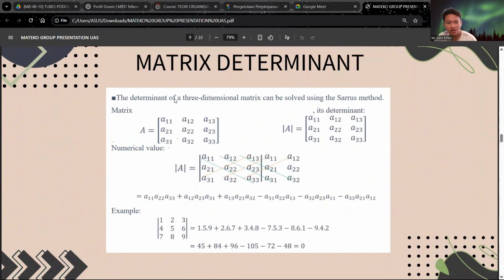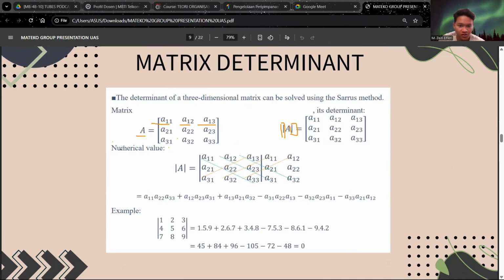We continue to the next lesson. So, the determinant of a three-dimensional matrix can be solved using the Sarrus method. What is the meaning of the Sarrus method? So, we practice here. So, we have A11, A12, A13, etc. We calculate the determinant, so we add this symbol. Yeah, the meaning is a determinant.